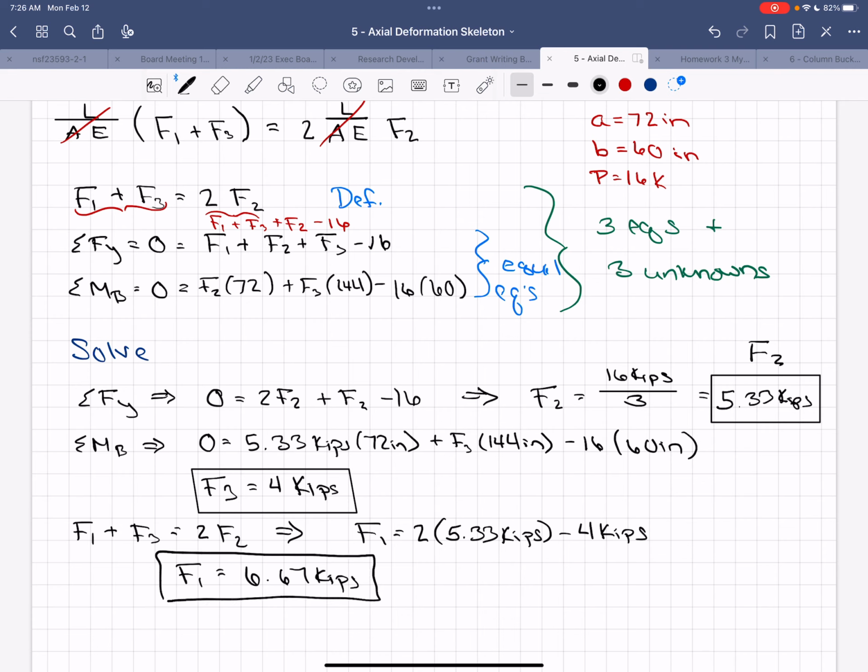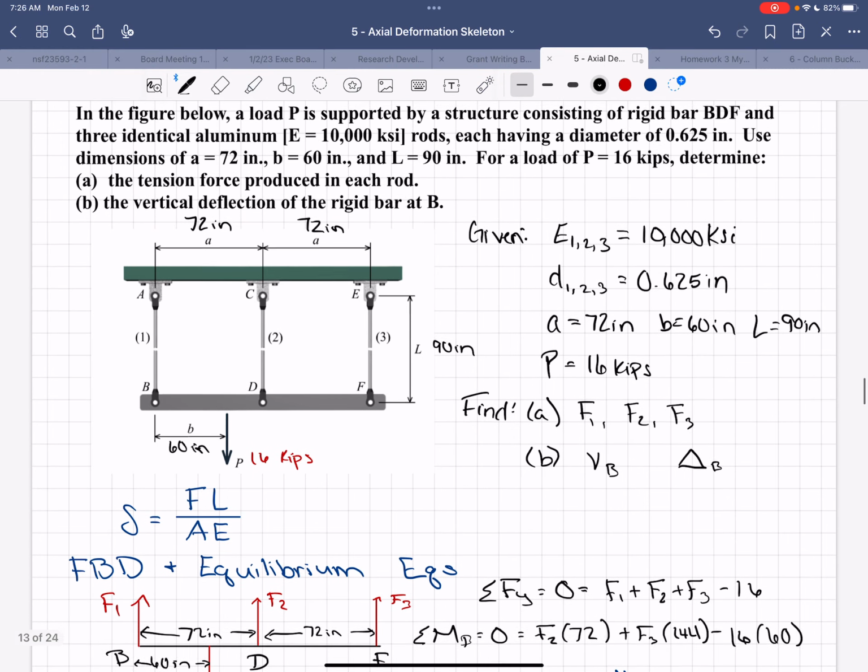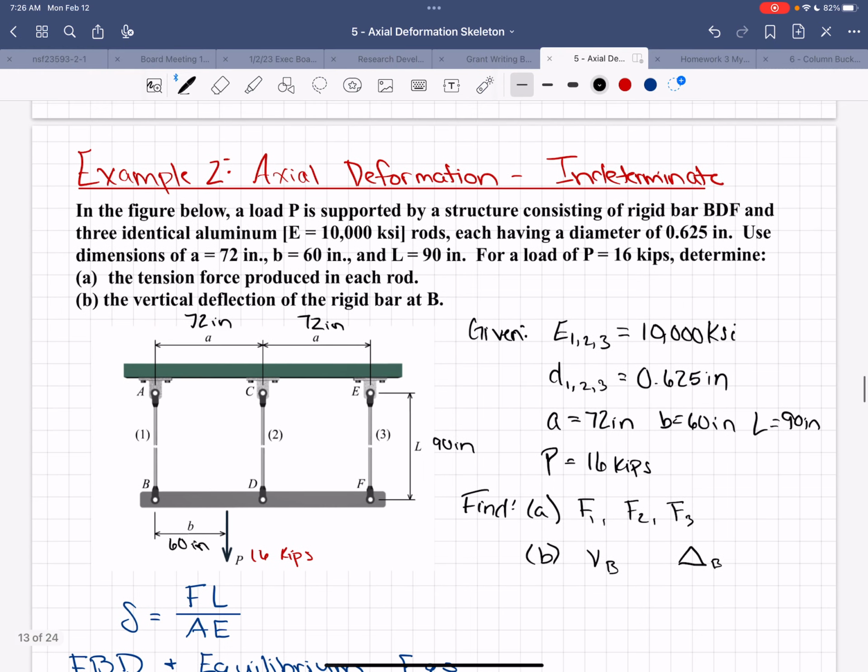Okay, so part A is done. We found the forces in the 3 rods. Okay, so that's part A.